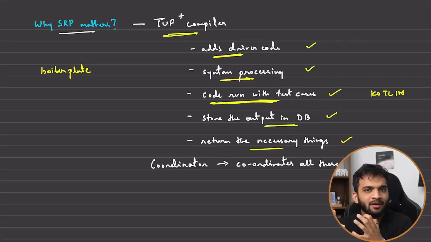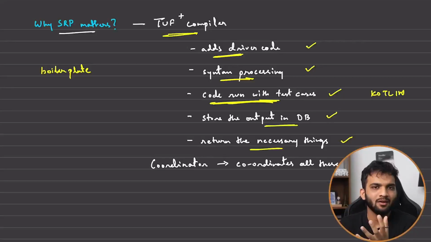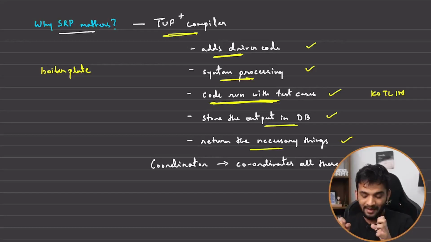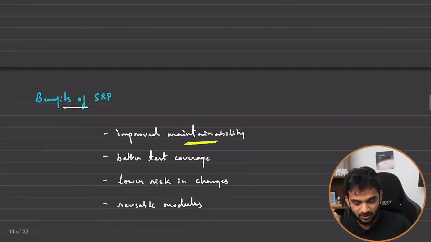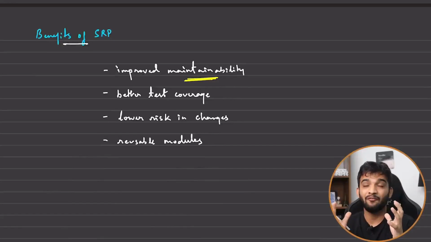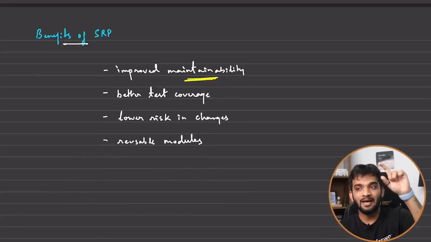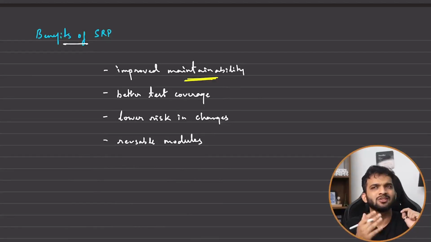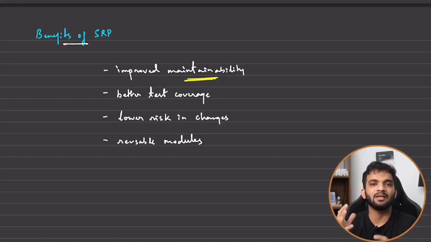So I'll go over there and maybe I'll write a condition for Kotlin. Or maybe I can have separate classes for C++, Java, Python, Kotlin, and so on. So I can extend my design depending on the use case. So it helps me to increase maintainability. If everything was under one class, I'd have to figure out where the change was, and then eventually do the change. So it becomes complicated to maintain the code.